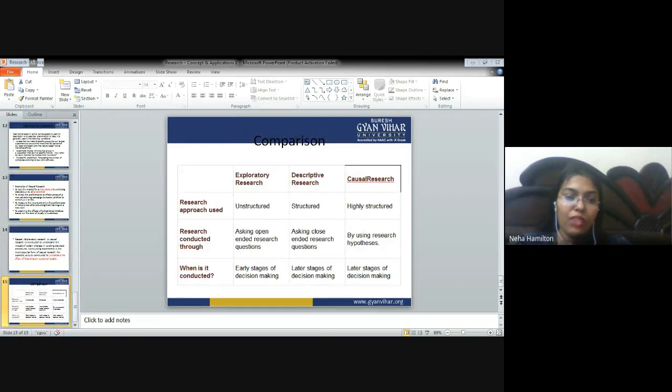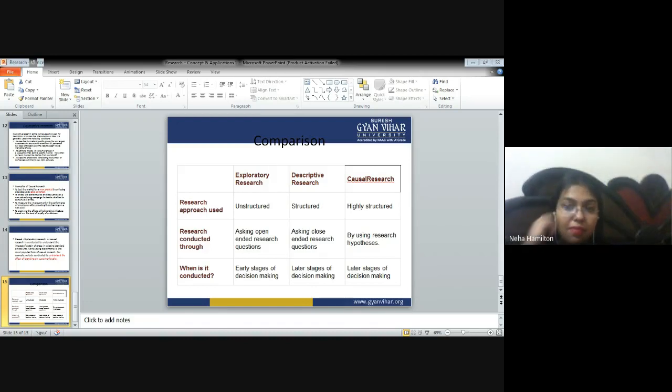So we are moving from a broad generalization to a very specific kind of research. When we talk about exploratory research, in research, we are just exploring a particular thing, a particular research problem, or a particular area of study.